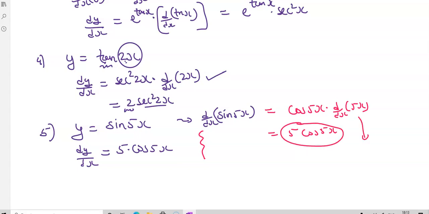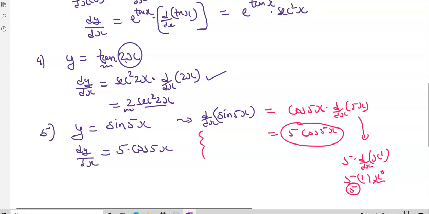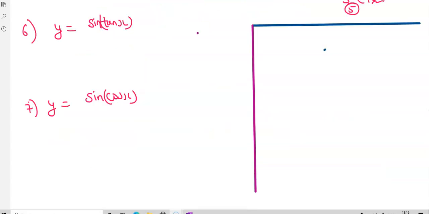So you have to see that 5 into derivative of x, x is x to the power 1. Ultimately it is 1 into x to the power 0. X to the power 0 is 1. So ultimately we are left with 1 only.